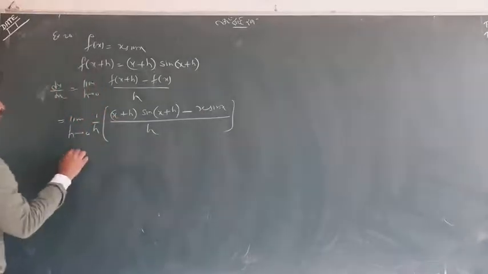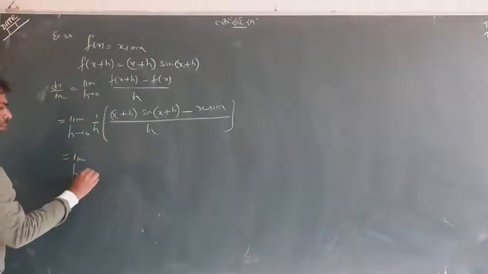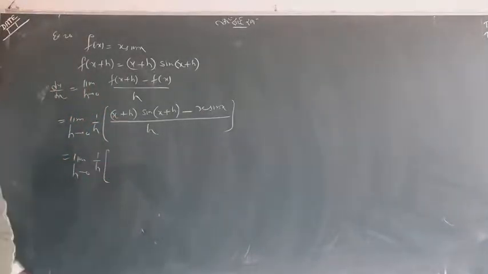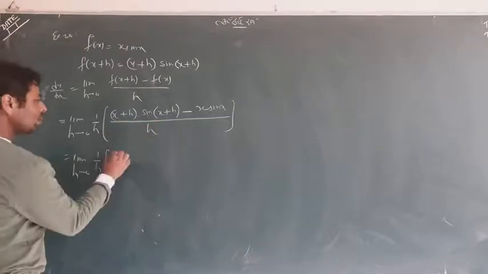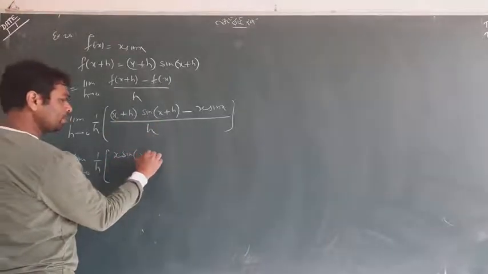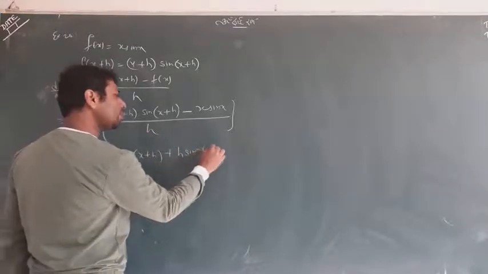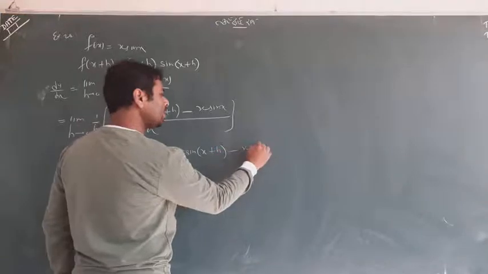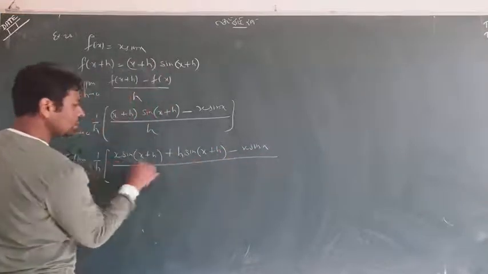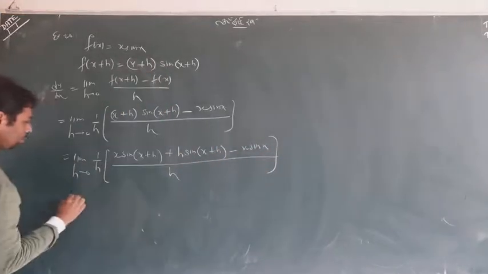What we will do now? We will multiply these two terms, x sin x plus h, h sin x plus h minus x sin x upon h.